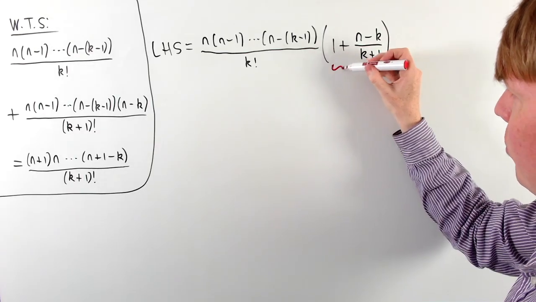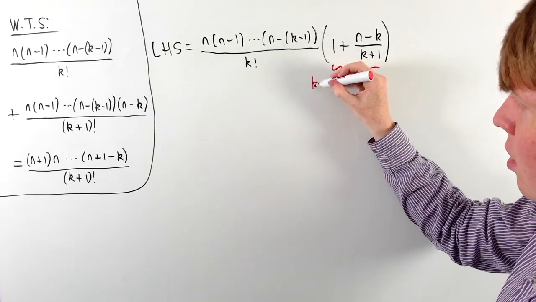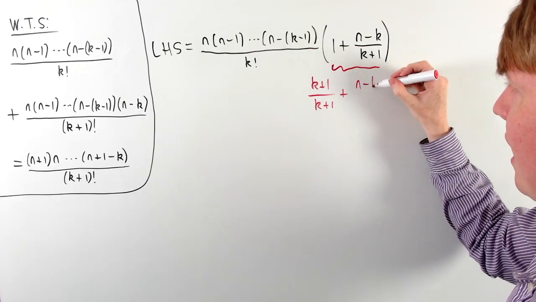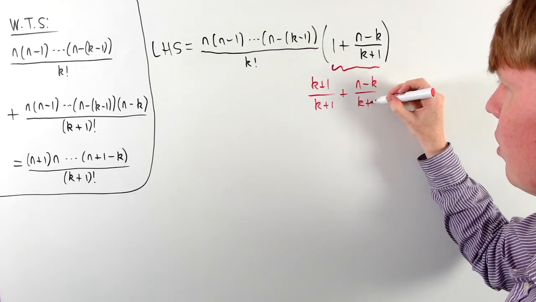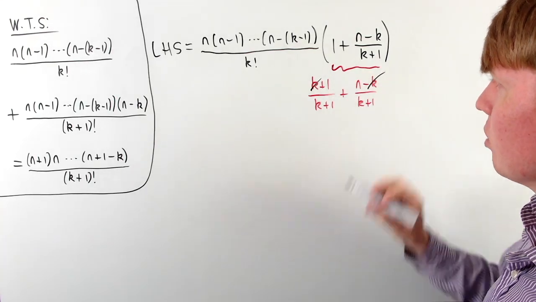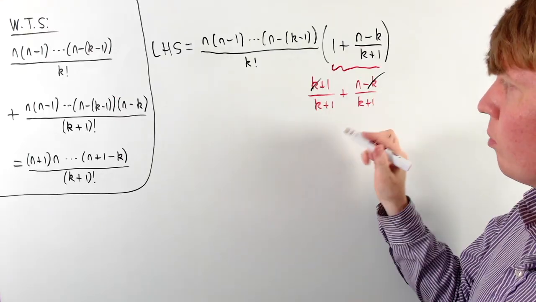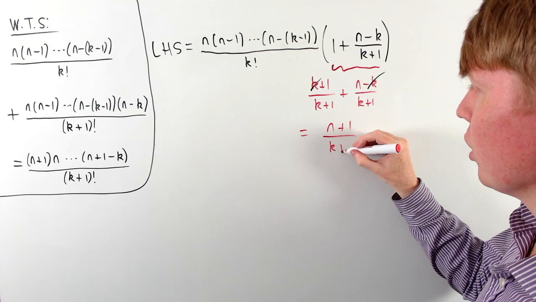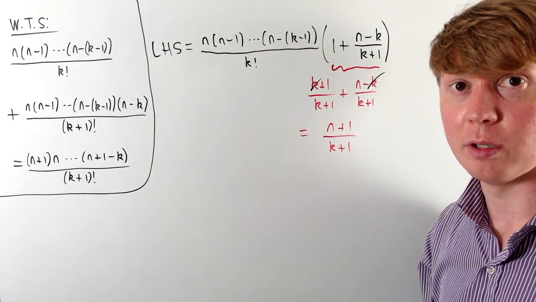So then this term in the brackets here, let's write the 1 as k plus 1 over k plus 1. We add this to n minus k over k plus 1. So you see here our k and negative k actually cancel with each other, just giving us 1 plus n, or we'll write it as n plus 1 over the common denominator of k plus 1.